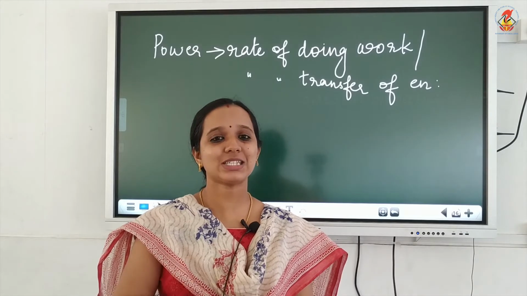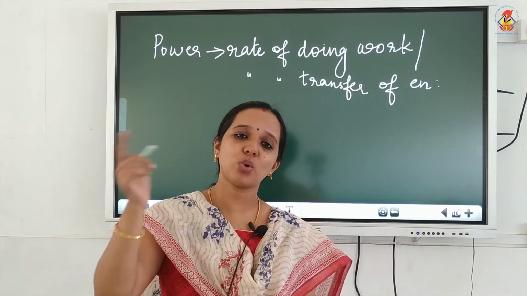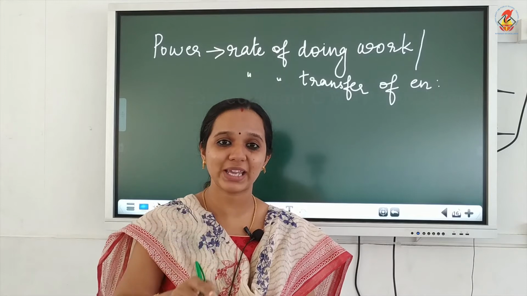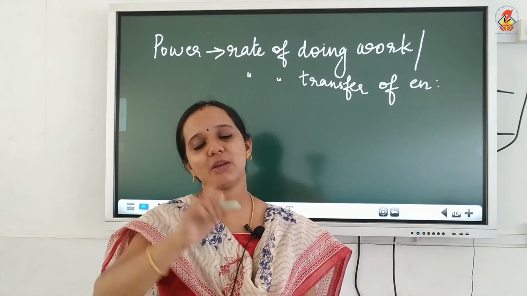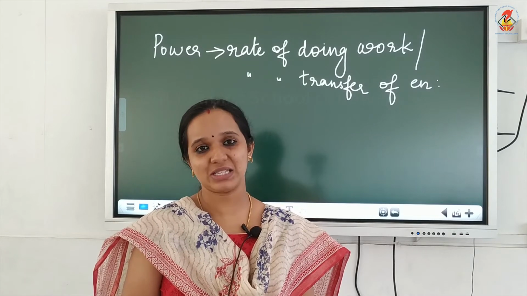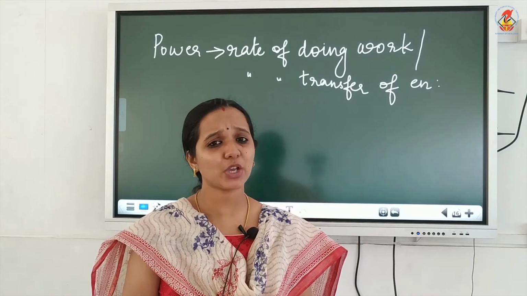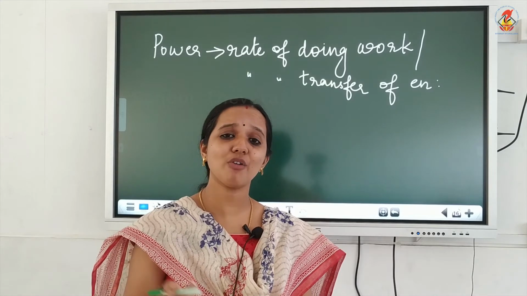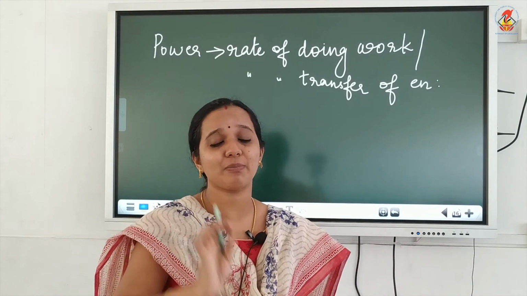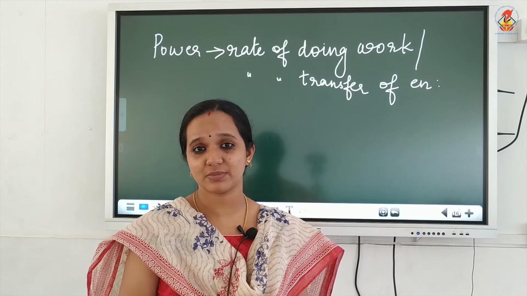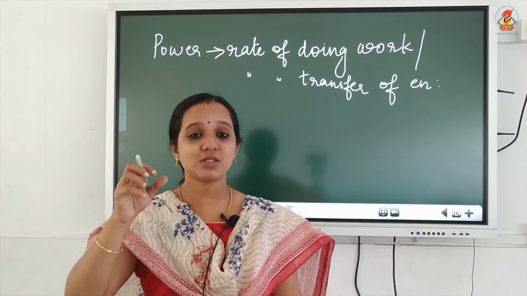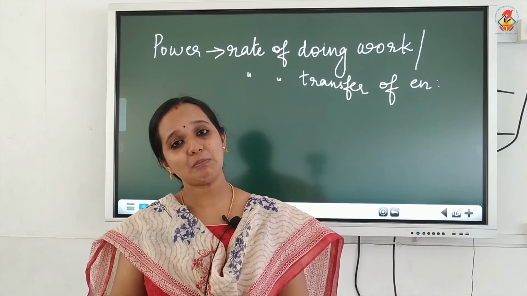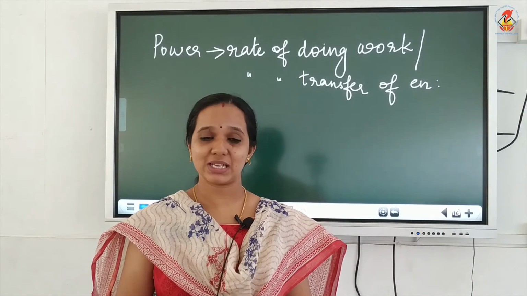Yes, you can see that the person who was there on bike will reach the destination faster than the person who was there on the bicycle. It is because the power of the bike is greater than the power of the bicycle. That is, the rate at which work is done is more in case of bike compared to bicycle.